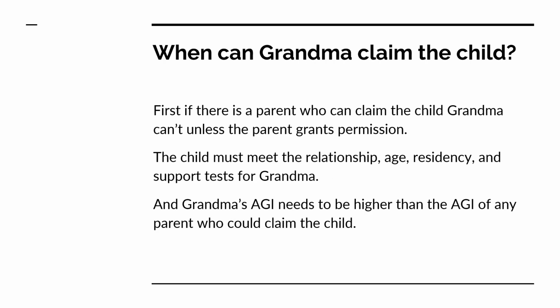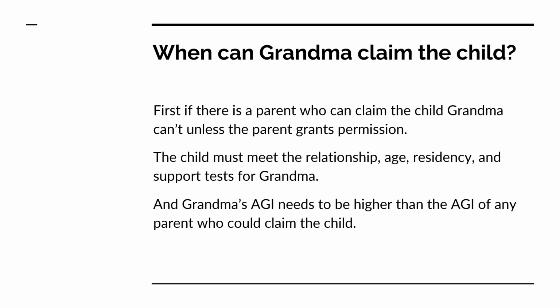So we're going to look at the case of when grandma can claim the child as a dependent child. So first of all, if there is a parent who can claim the child, grandma can't claim the child unless the parent grants permission. The child must meet the relationship, age, residency, and support tests.